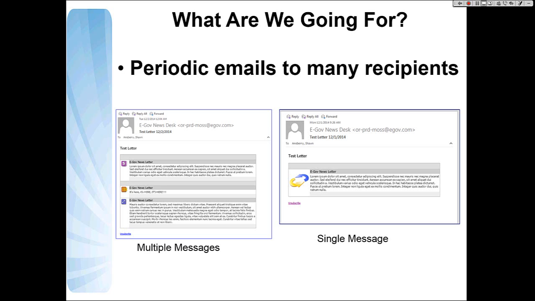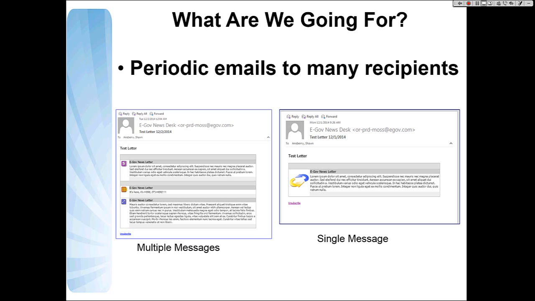You can call the list Fred if you want to and use it, just making sure that your settings are pointed in the right direction. You can see on the screen here we've got examples of what it looks like when there are multiple new messages in an email, and what it looks like when there are single ones. Those can be sent out in any period, daily, weekly, every 30 days, whatever the settings will allow you to set.